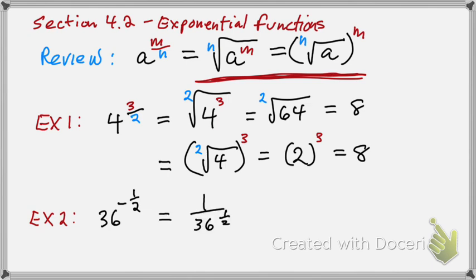Like that. Thank you, sir. Now, I know anything to the 1/2 power is the same as the square root. Looked at it another way, you could say, well, I'm raising 36 to the 1 power. Okay, that's 36. Then I'm taking the square root of it, which is that.